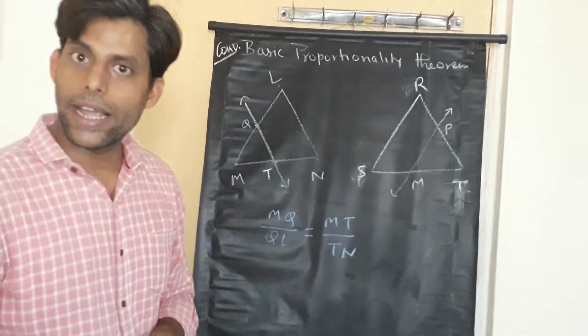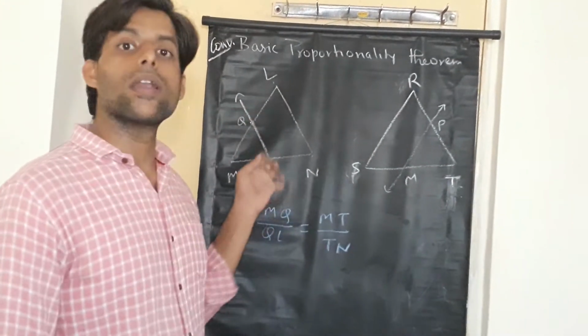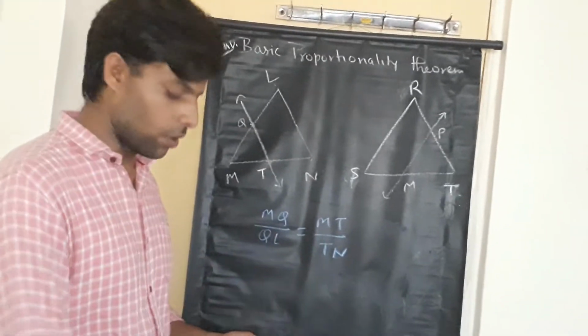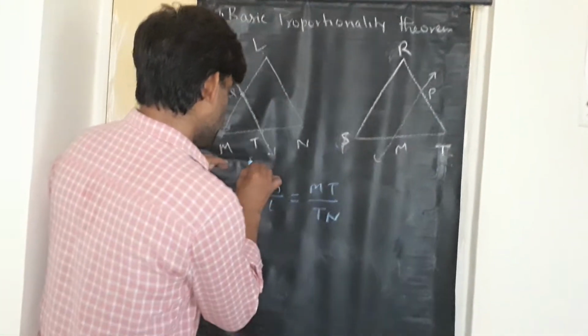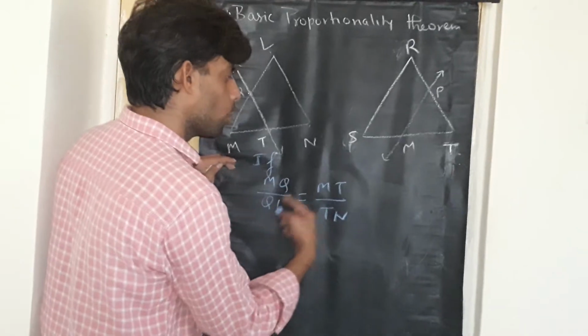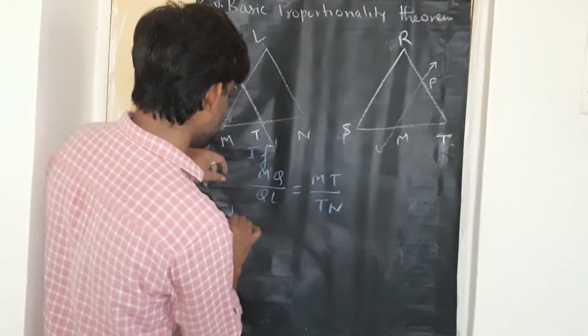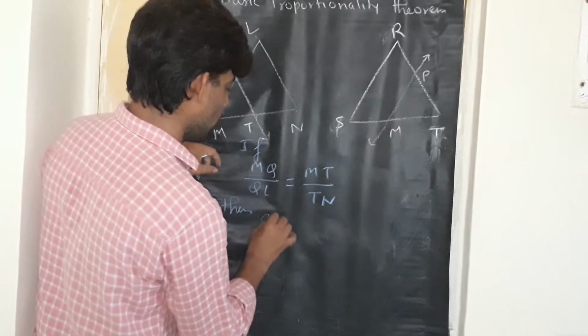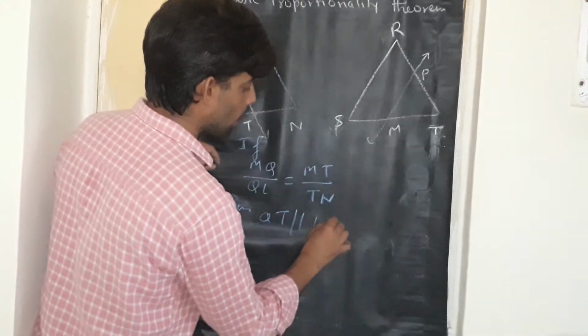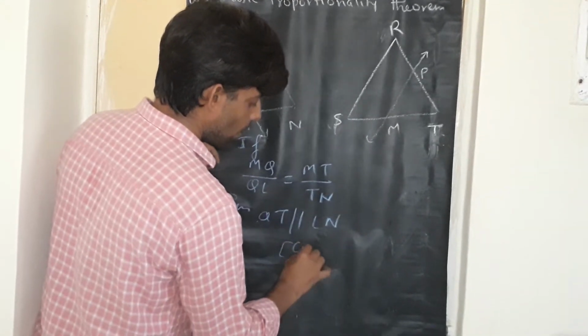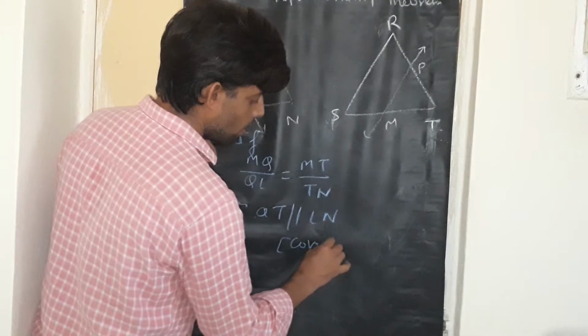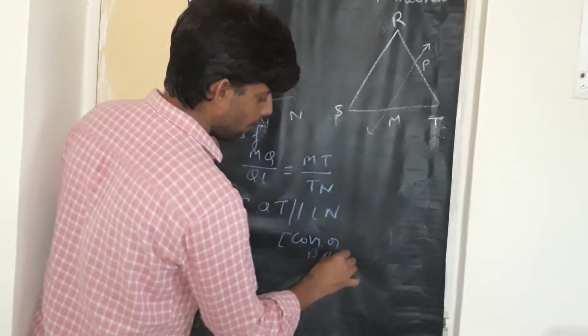So repeating it once again, students, lines will be parallel only when the ratios are equal. If MQ upon QL is equal to MT upon TN, then you can say that QT is parallel to LN by converse of BPT.